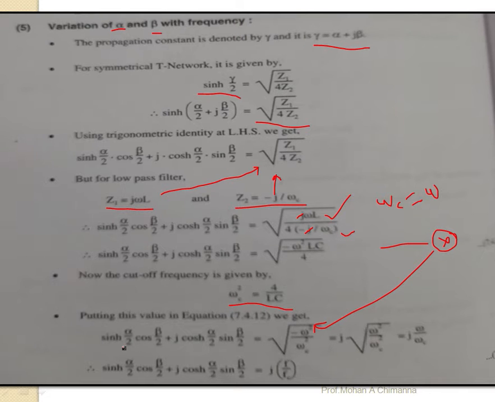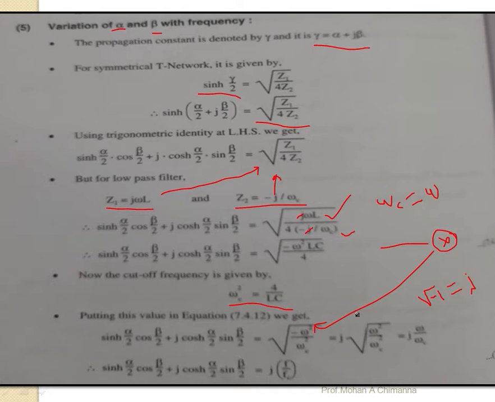So this equation will be formed: sinh of alpha by 2 cos beta by 2 plus j cosh of alpha by 2 sin beta by 2 is equal to the square root of minus omega square upon omega c square, which is j times the square root of omega square upon omega c square. Here we substitute the square root of minus 1 as j.